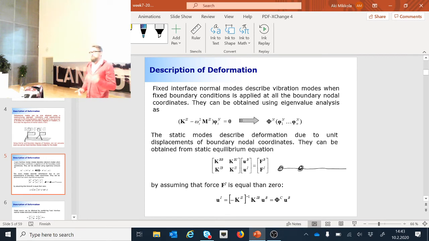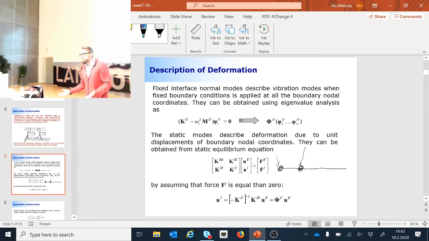Now, this first set of modes will be obtained in such a way that these two locations will be attached to ground. I'm introducing a boundary condition to this node such that no translation and no rotation is possible. Same here. And then I'm computing my eigenvalues.